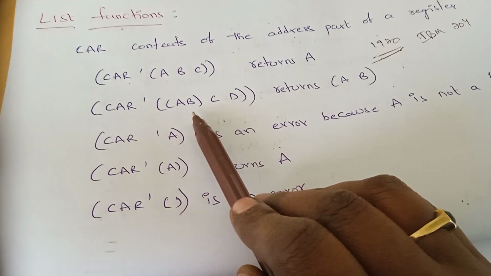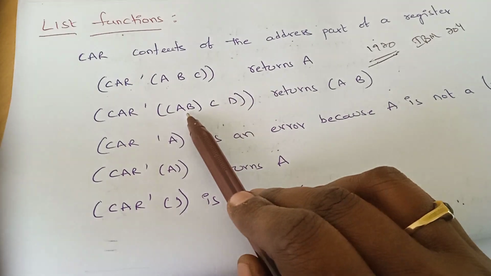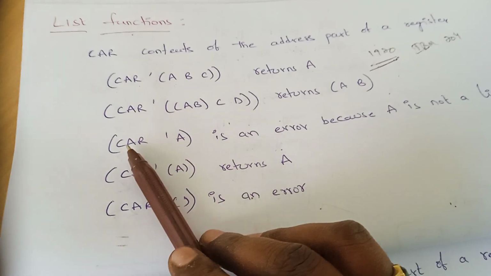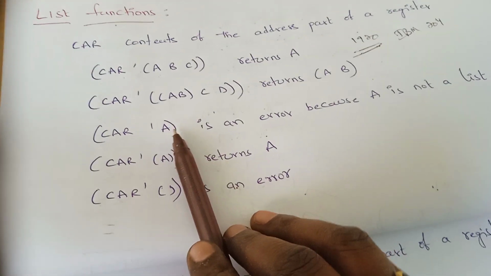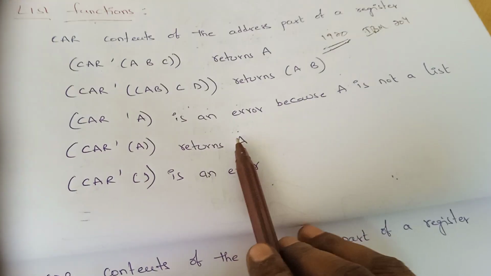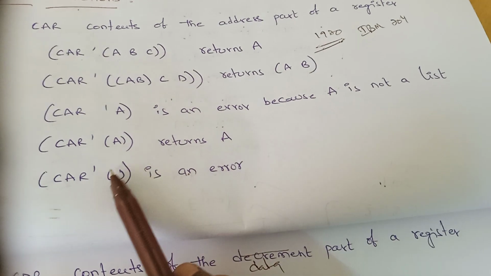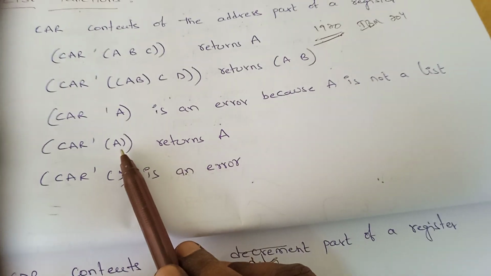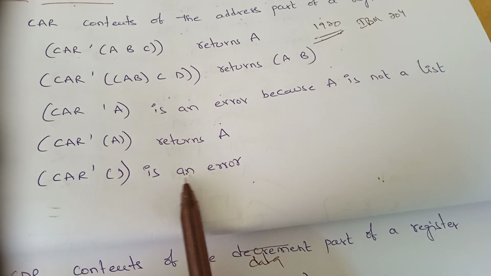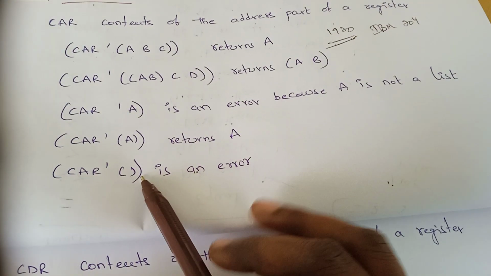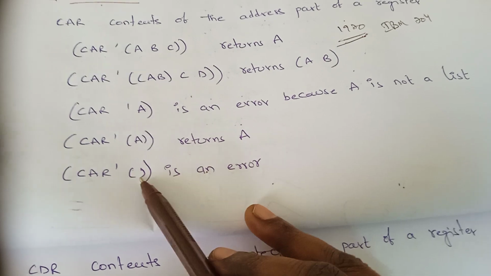It is a list and the function name itself is A B. So we'll return A B. CAR of A means what? It produces an error, because A is not a list, and no function name is specified. If no function name is specified, you cannot tell the address part of this function.